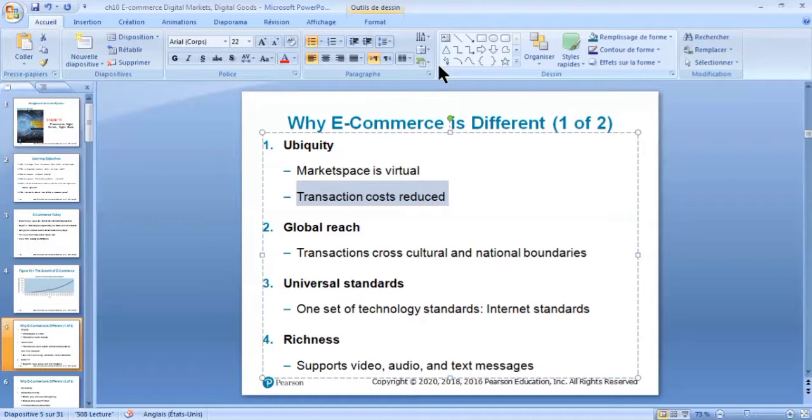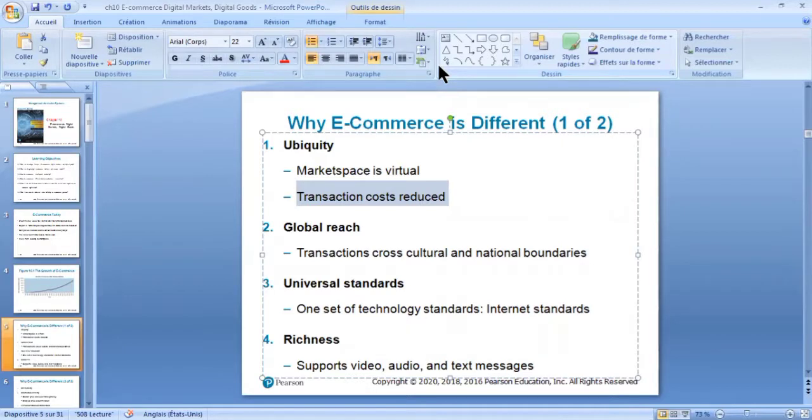Also, from a business point of view, from the point of view of sellers, managing an online store is cheaper than managing a physical store. Typically, you need less staff, you need fewer warehouses.